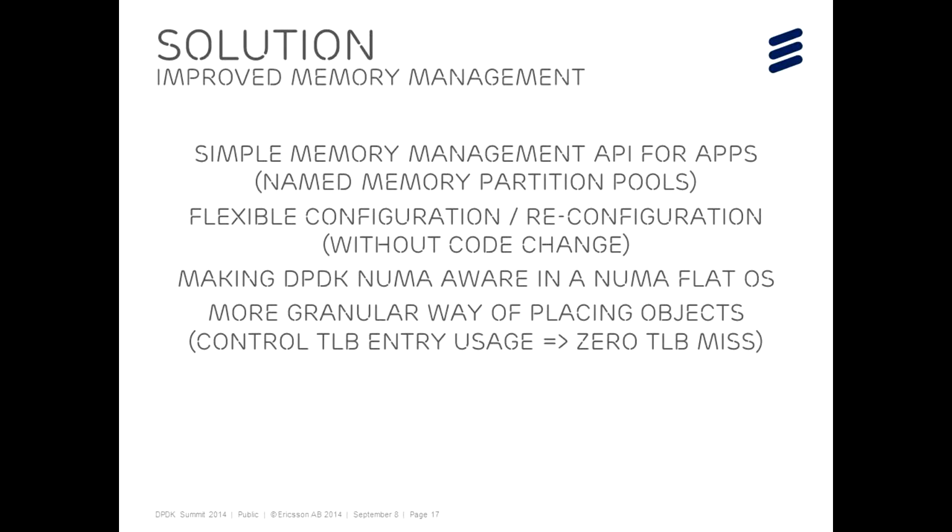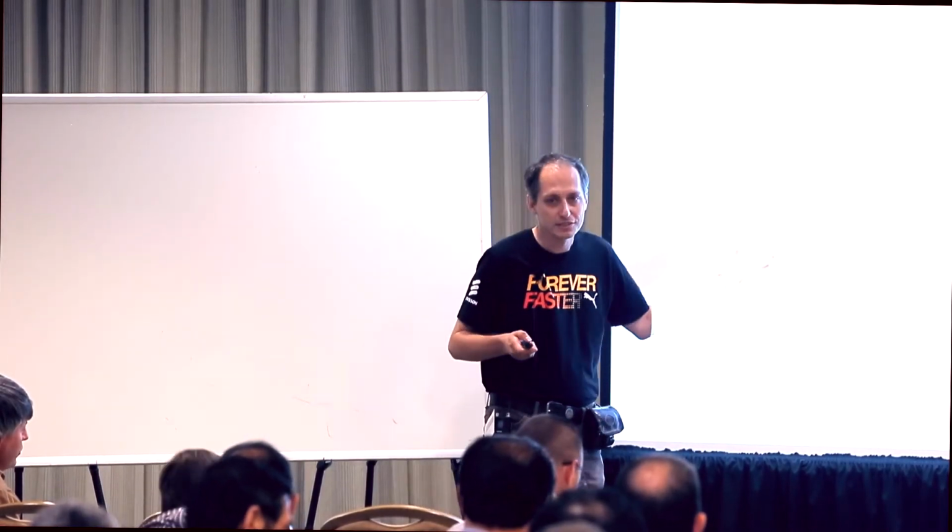We are presenting a virtualized world to DPDK, and then we show the old topology. We also gained a more granular way of placing objects, to control the TLB entries, and we can even get 0 TLB miss. Every instance can get a 4G 0 TLB miss memory just by aligning it the right way on a Xeon processor, because we have 4 slots there.